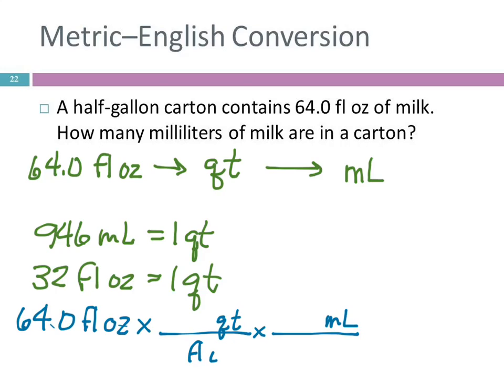Fluid ounces come down here so they can cancel out. Quarts come down here so they can cancel out. And then I put my units in. 946 goes with the milliliters. And on the other side is 1 quart. 32 ounces and 1 quart.